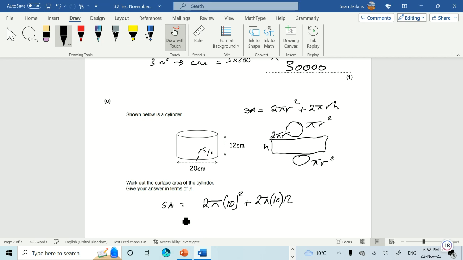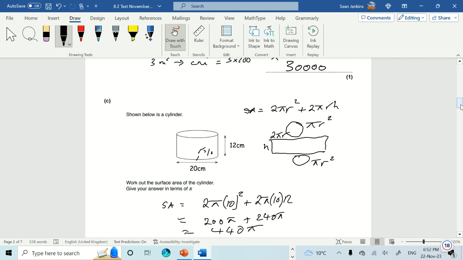You can do that on a calculator if you want. That's going to give you 200 pi plus 240 pi, which is of course equal to 440 pi. And that's the answer.